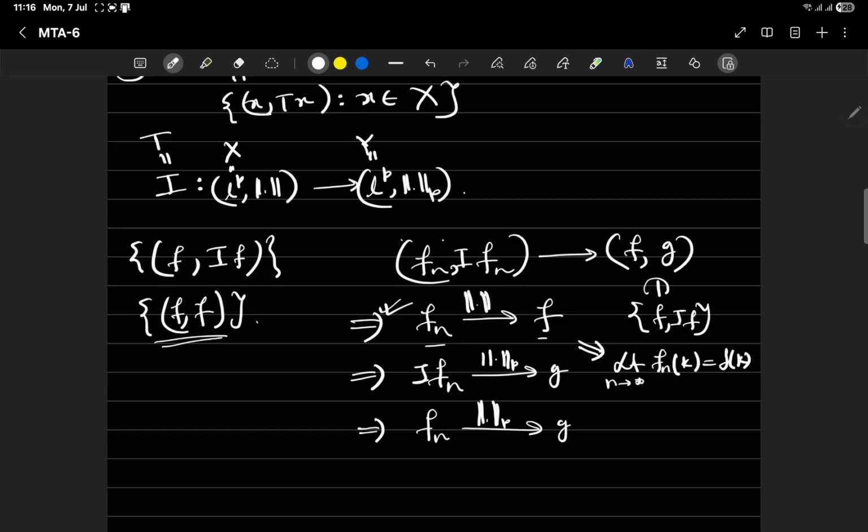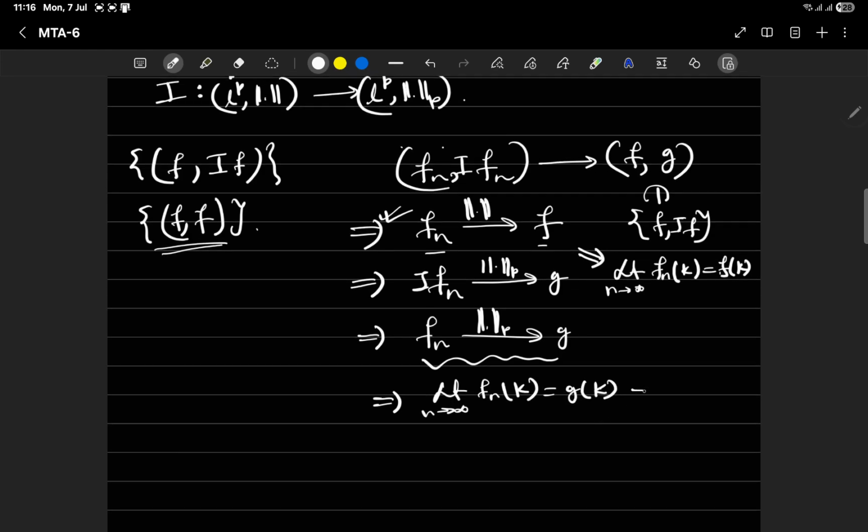Okay, so this is what is given in the question. If fn converges to g in p norm, that also says pointwise convergence, that we know, and fn(k) converges to g(k), but g(k) has to be equal to f(k), implying g equals f, which implies our graph is closed.